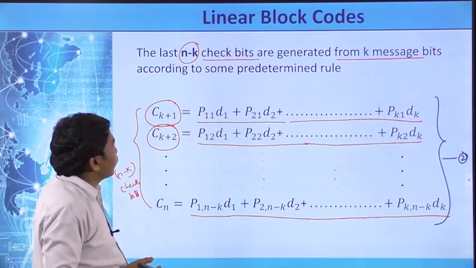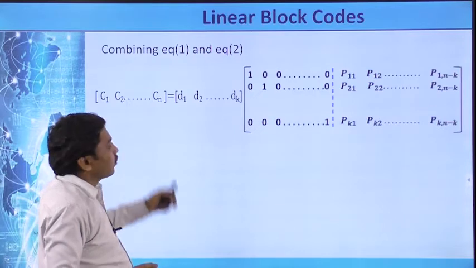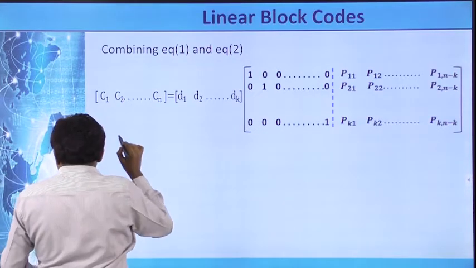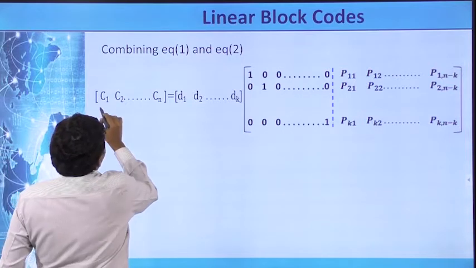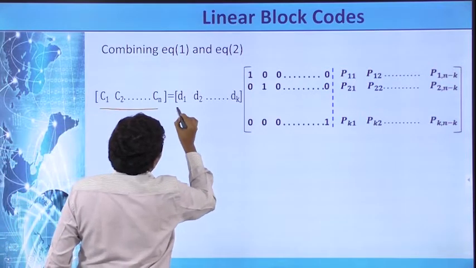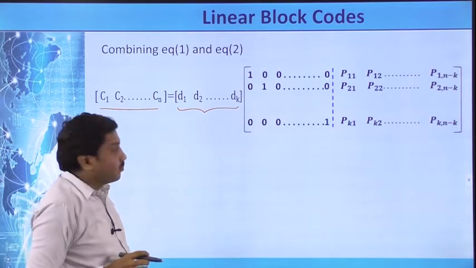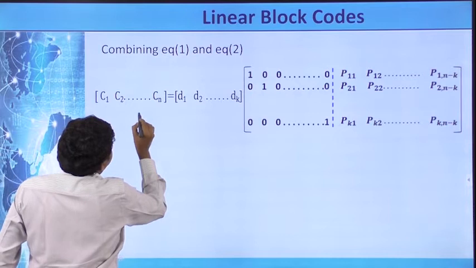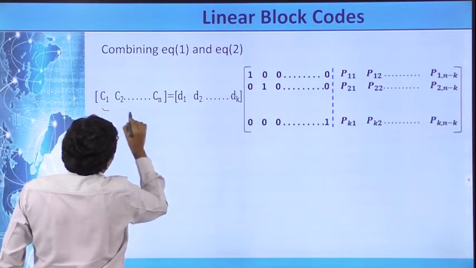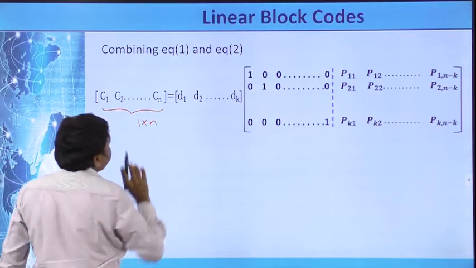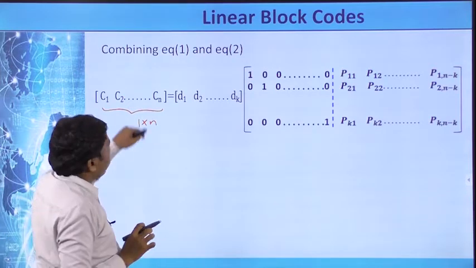If we combine these two, what happens? By combining equation 1 and 2, we can get like this. C1, C2 up to Cn equal to the first k bits, which are message bits. The order of the code word is 1 by n, that is 1 row and n columns.